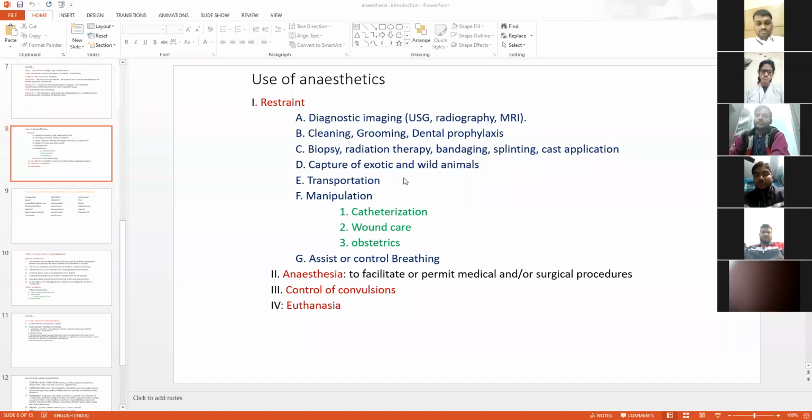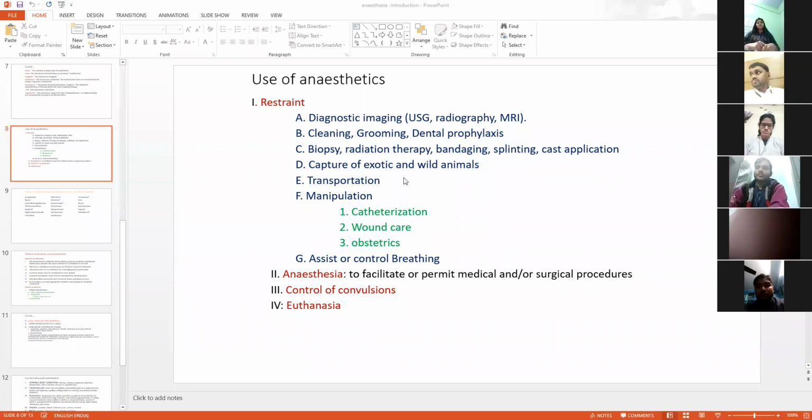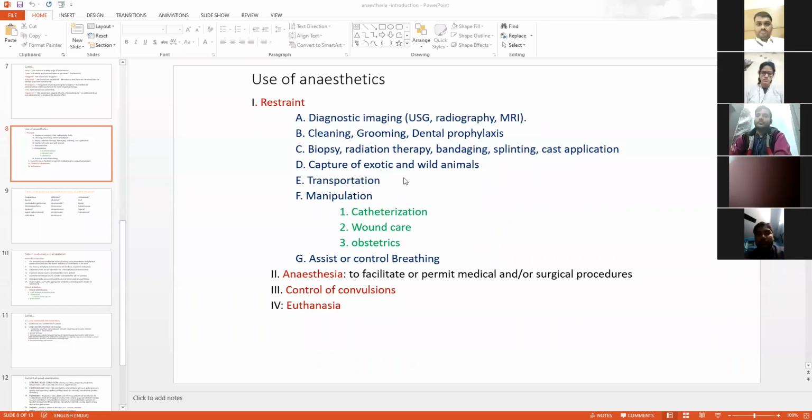But radiography is important, because without radiography it is not possible to see the exact acetabulum and head of the femur or the osteophyte formation and other things. So in this particular case you need anesthetic administration. I will discuss the anesthetics later on, but in this case we use anesthetics for diagnostic purposes.